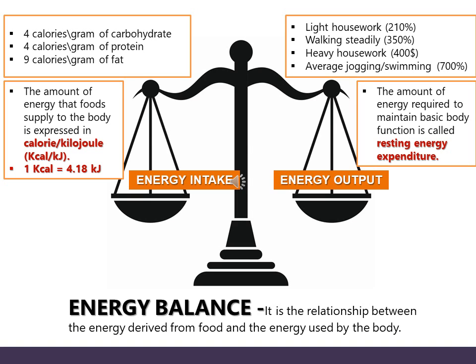The amount of energy required to maintain basic body function is called resting energy expenditure. I want you to observe the different activities presented in the slide. You would notice that in average jogging and swimming, the energy that is utilized is very high.